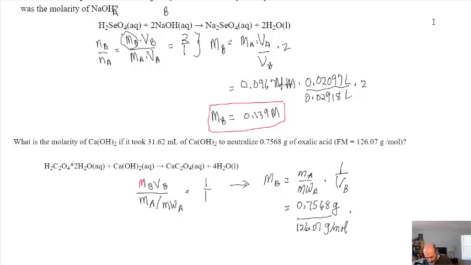And then the volume of the base, in liters, is 0.03162. You can see that if you follow the units you're going to end up with moles per liter, which is, of course, what we expect. And the molarity of the base in this case ends up being 0.189.